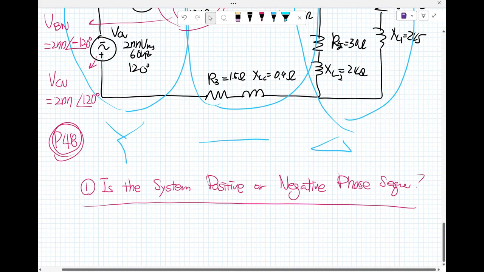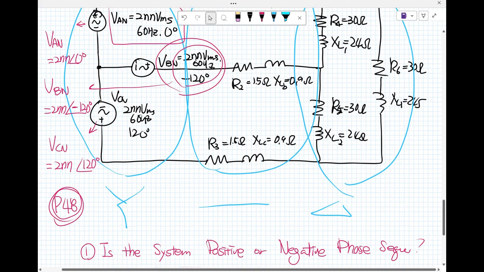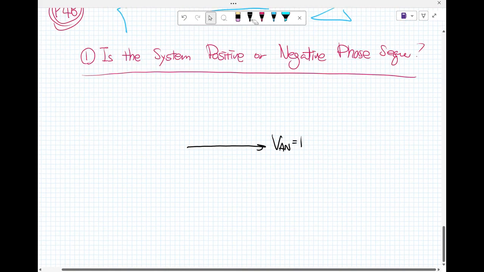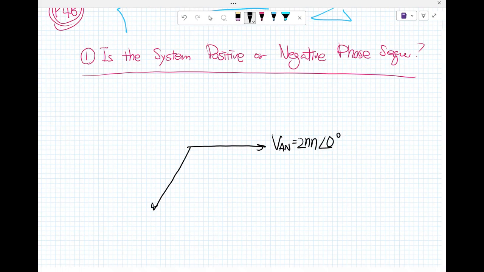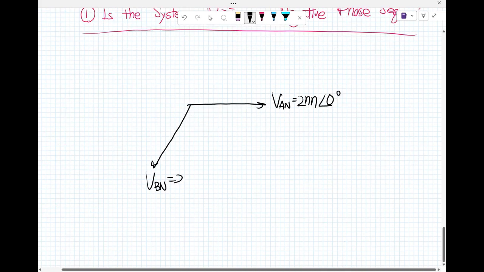So V sub AN is 277 at 0, and clockwise V sub BN is 277 at minus 120.